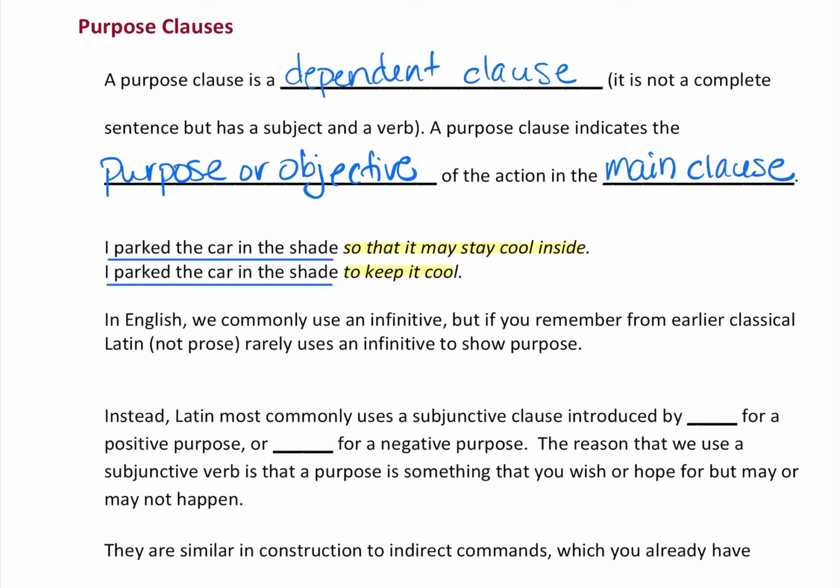To keep it cool. Now in English, we commonly use an infinitive, but if you remember from our review, earlier classical Latin prose rarely uses an infinitive to show purpose.